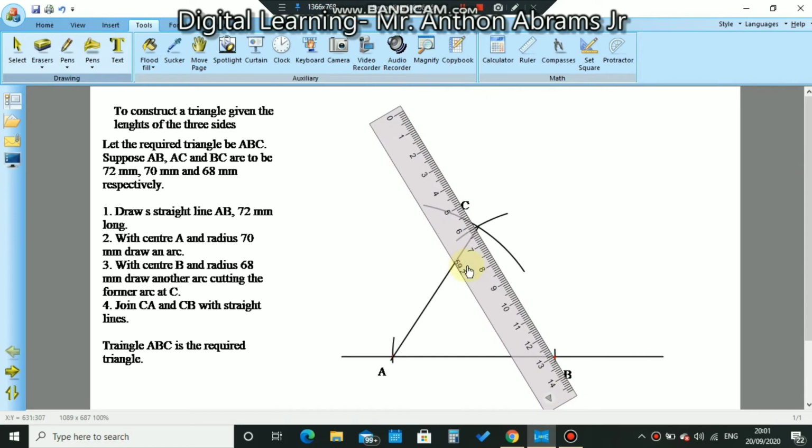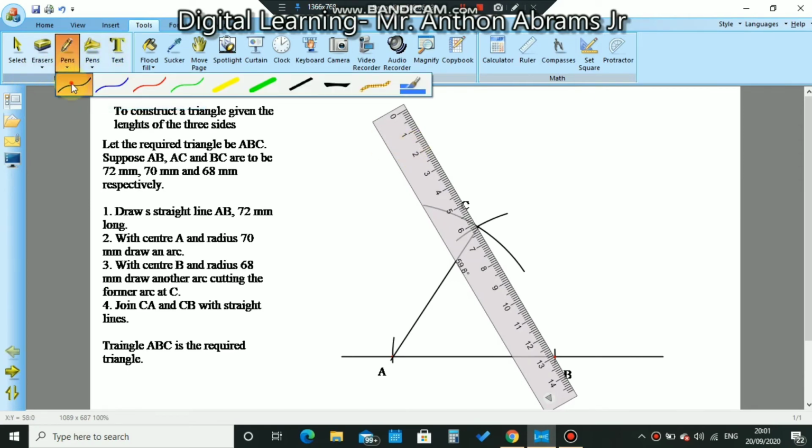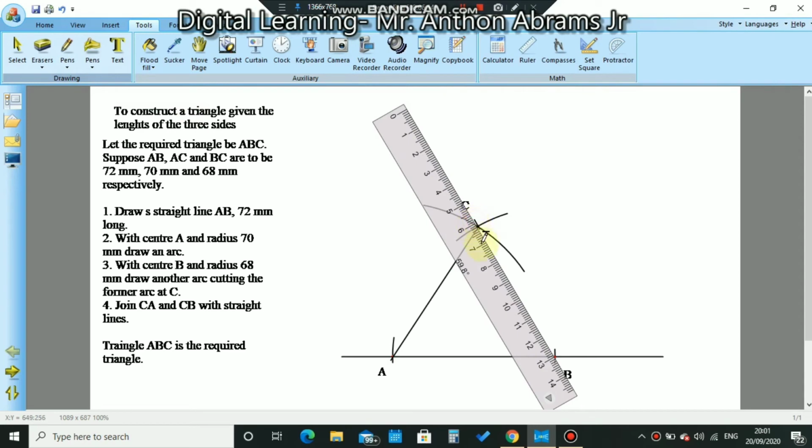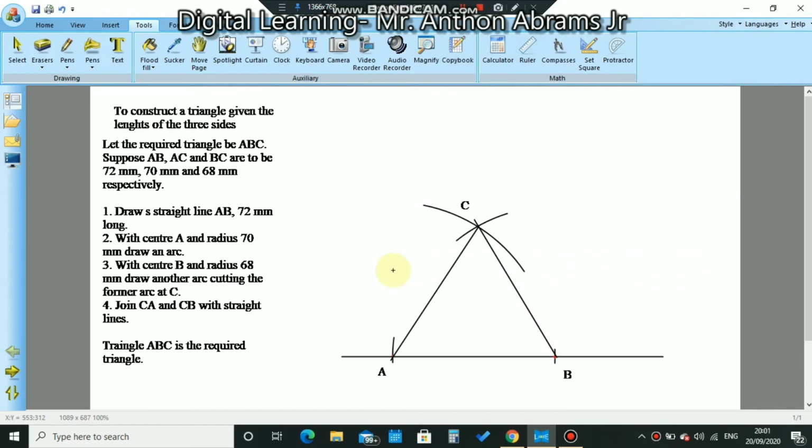As I said, we try to be as precise as possible. We take our pencil and come down here. So this is how you construct the triangle. Triangle ABC is the required triangle.